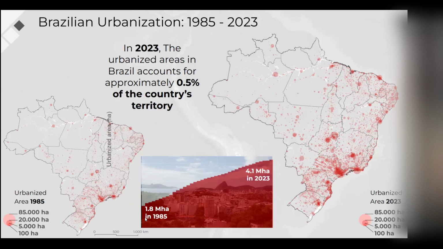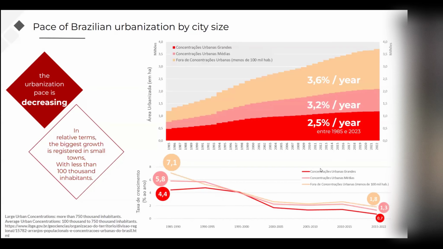But anyway, from 85 to 2023, we more than doubled the amount of urbanized area in the Brazilian territory. You can see the difference in the maps. And since we know where the urbanized areas are located, we can calculate the size of each one. For example, another piece of information that I can extract is the difference in growth rate comparing big cities, medium-sized cities, and small cities.